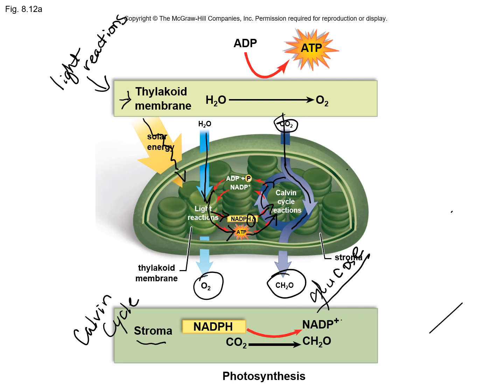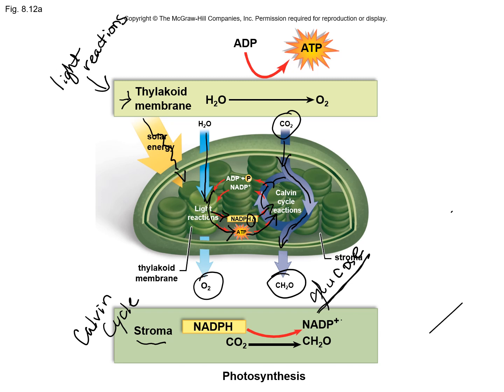The light reaction is taking the water, splitting that, and forming ATP. The oxygen is being released. The hydrogens are being carried to the Calvin cycle. The carbon dioxide is taken in, and the hydrogens are joined to that, utilizing the energy from the ATP.